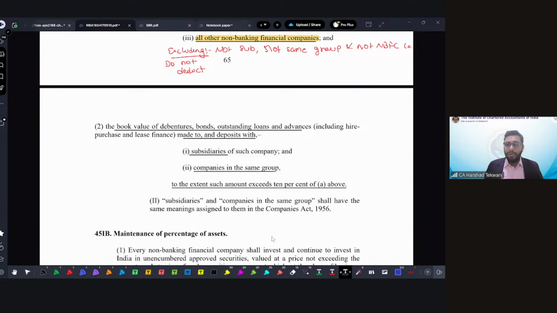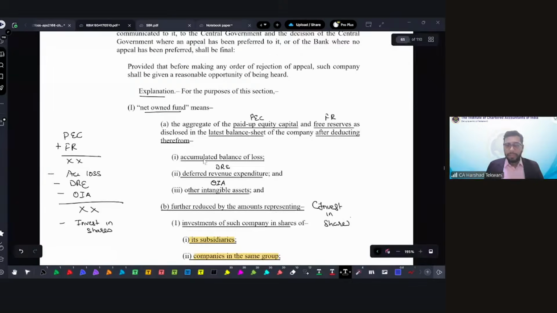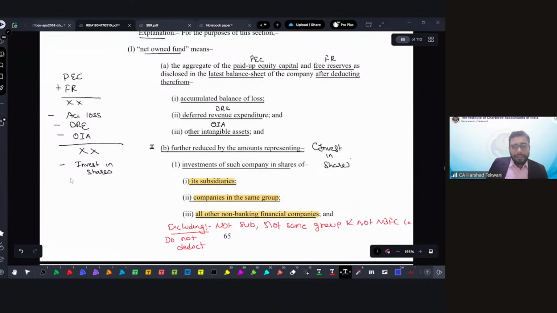To the extent such amount exceeds 10% of the above. Now, what is above? This one, this A1 that we have received. After removing, you need to first calculate 10% of this. Once you calculate this 10%, let's say for the time being, I will call this X amount and this I will call a Y amount.